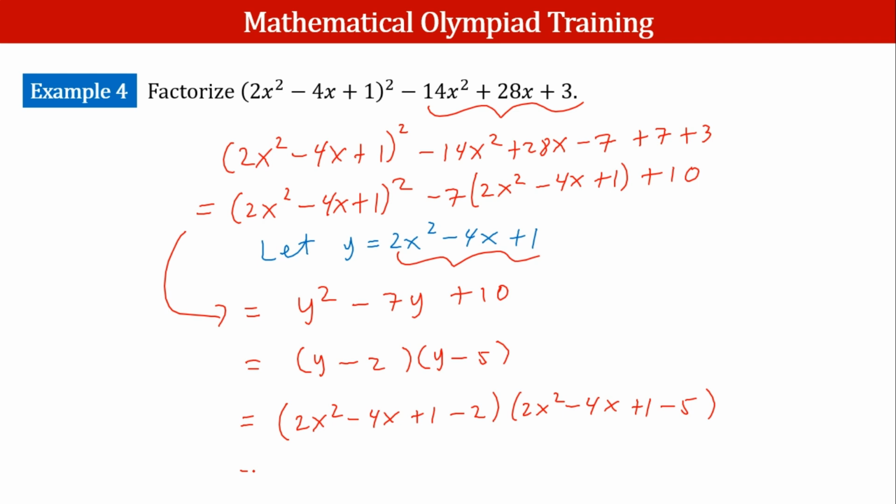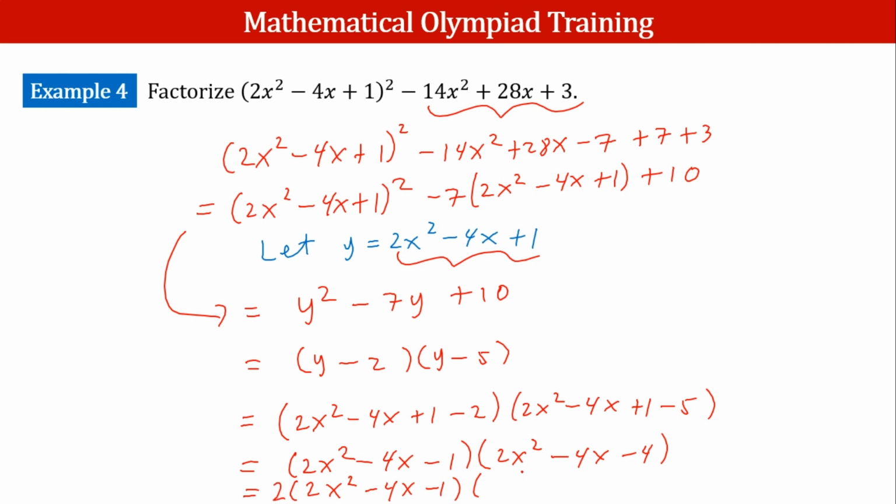Now, if we simplify this one further, we have 2x squared minus 4x minus 1 times 2x squared minus 4x minus 4. Now, be careful because the second factor can be factored by factoring out 2, right? So, the final answer here, now we factor out 2, so we put 2 in front. Here is x squared minus 2x minus 2. Alright, so this is now our answer.